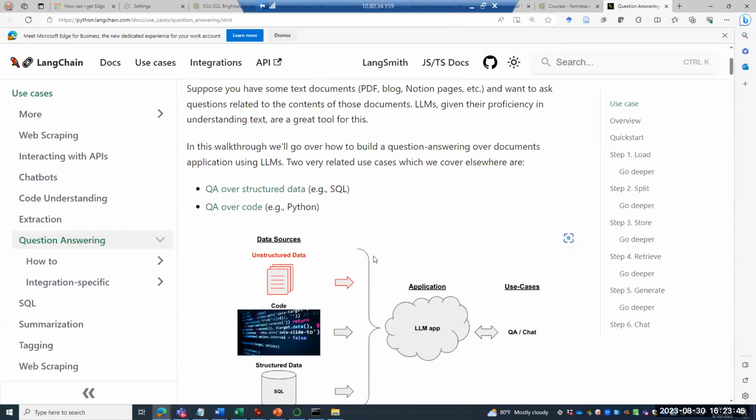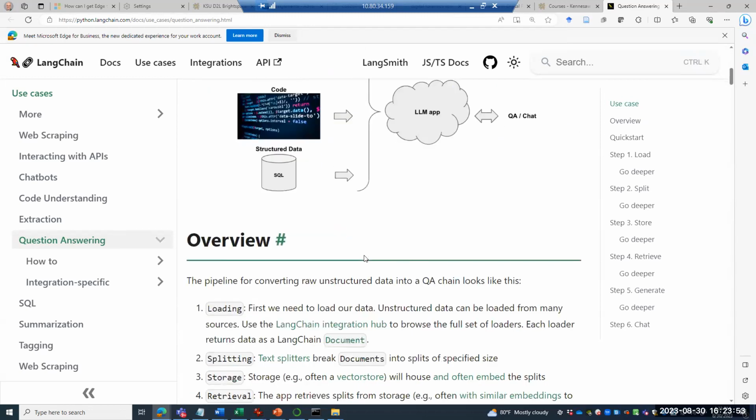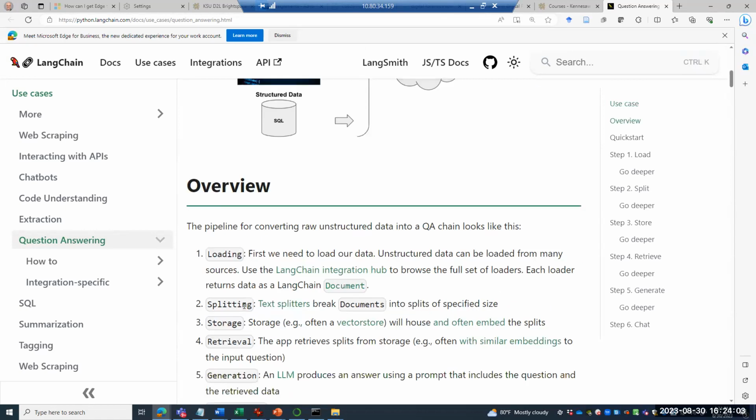This is actually designed for question answering, but it has many common parts. Loading is the same: you need to load the data, read the data from a website. You need to split the document into smaller parts. You need to store the data.